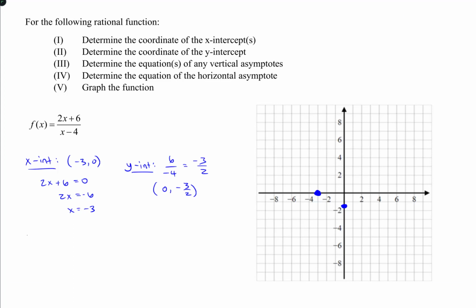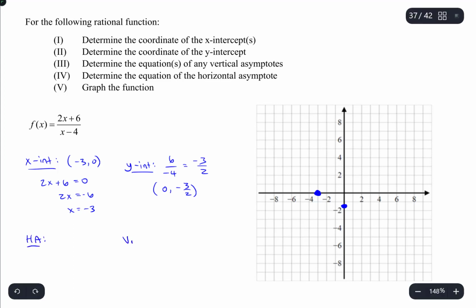Okay, the horizontal asymptotes and the vertical asymptotes, those are not too bad either. Horizontal asymptotes, we just need to know the rules of determining those from the degrees of the rational function in question. So the degree of the numerator is 1, the degree of the denominator is 1.